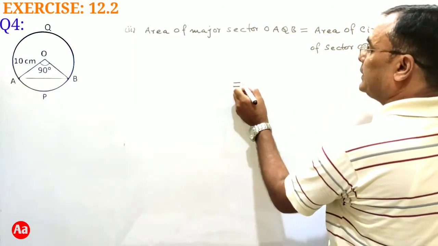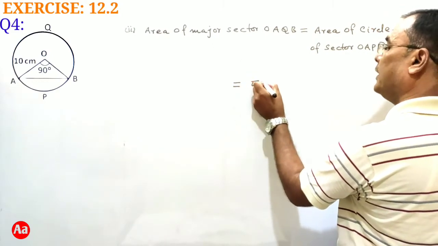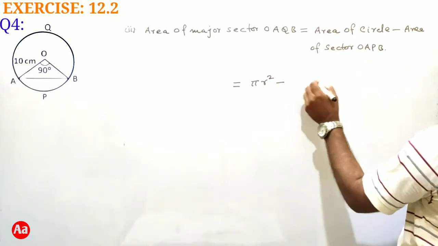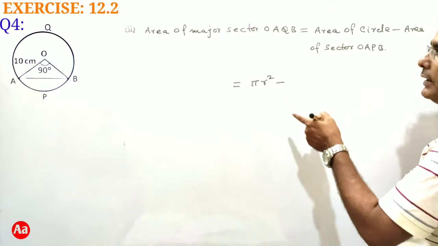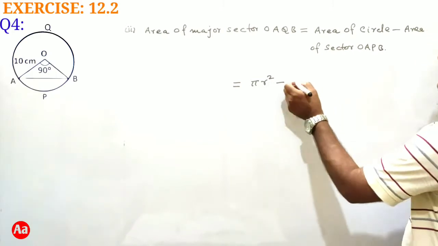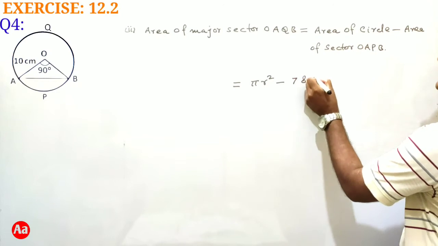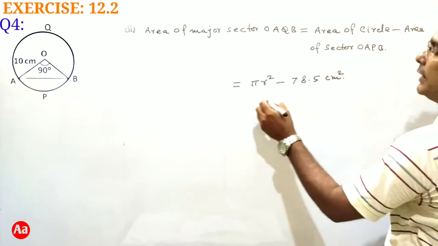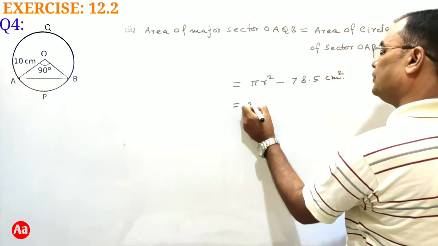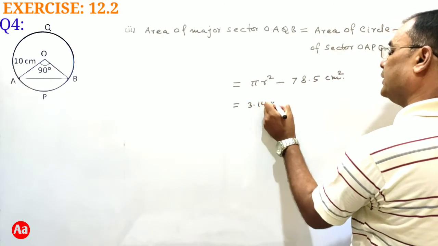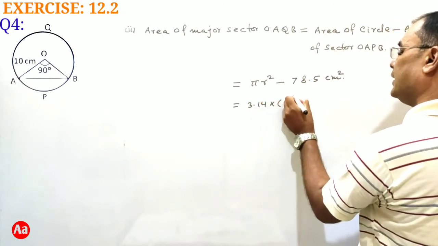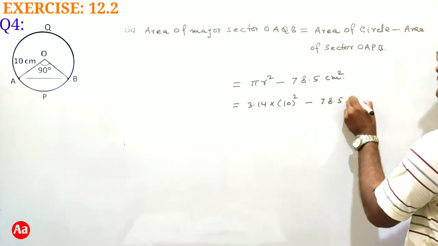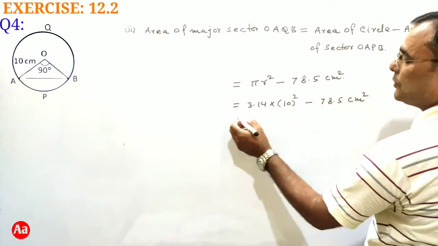So area of circle is pi r square, r is the radius of the circle, and area of sector OAPB we have already calculated as 78.5 centimeter square. So let it be 78.5 centimeter square directly, and this is equal to 3.14 into radius r, which is 10 centimeter, minus 78.5 centimeter square.